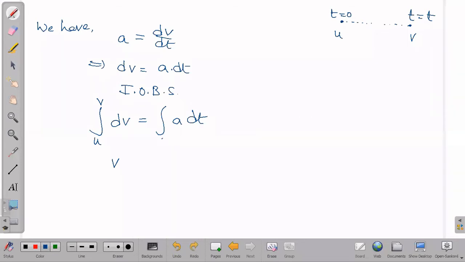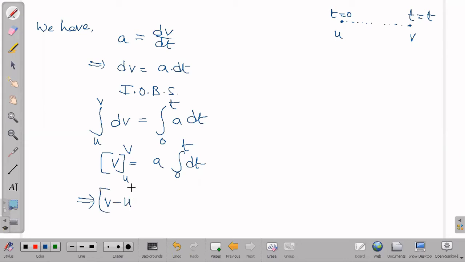So 0 to t we are writing now. a is a constant, so I am taking it out, integration of dt from 0 to t is the limit. For the left side, it is u to v. If I substitute, upper limit should be substituted first in place of v, next minus lower limit.